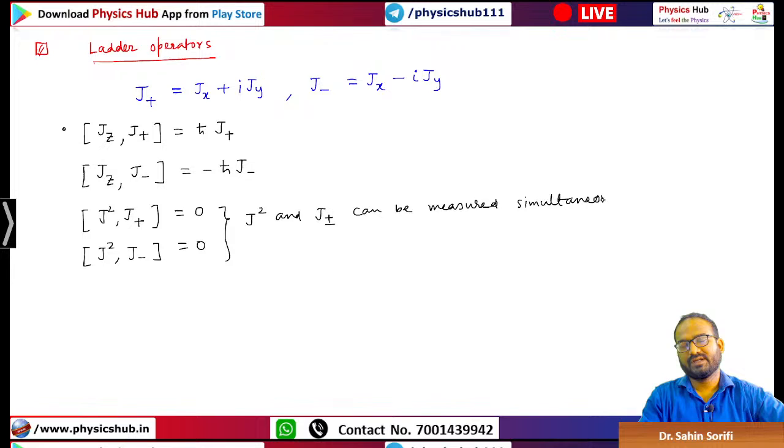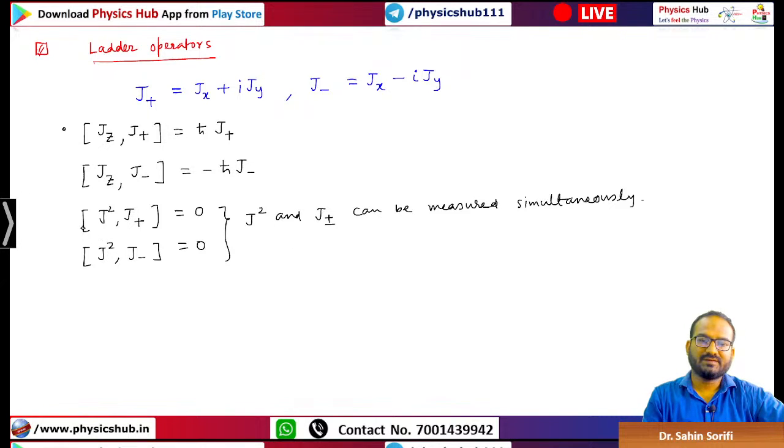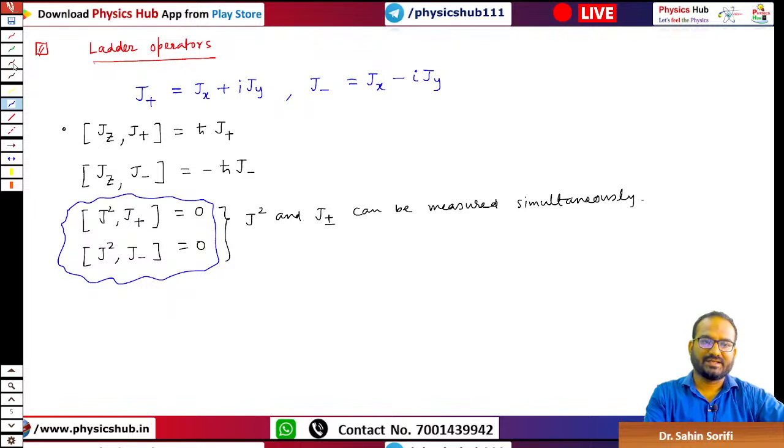If they can be measured simultaneously, it means they will have a common eigenstate. You can see the commutation relation is they commute, so they can be measured simultaneously, and as a result they will have a common set of eigenfunctions or eigenkets.